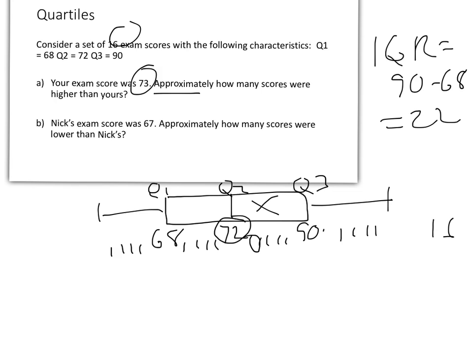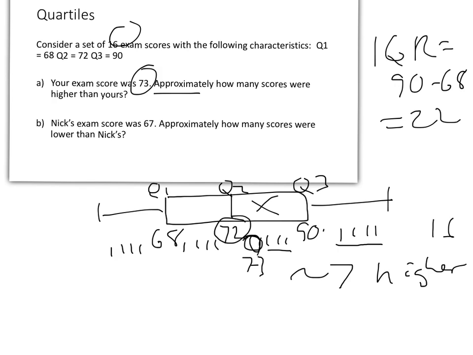So we'll say perhaps that there is 73, meaning that we have 1, 2, 3, 4, 5, 6, 7, approximately, so about 7 higher than this 73. All right, I said we don't have to get exact with this, it's asking for an approximate answer, and so that's what we'll give. We have about 7 that were higher than this score of 73.